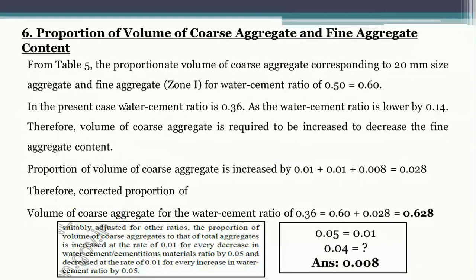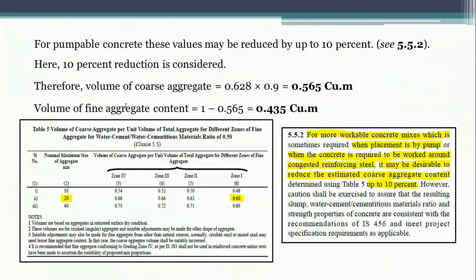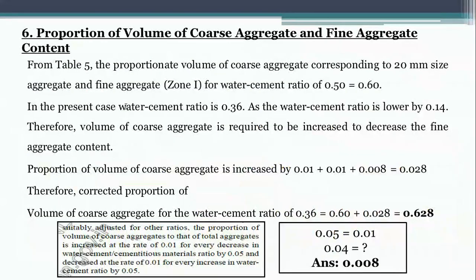Next is the sixth step, the proportion of volume of coarse aggregate and fine aggregate. In the procedure I have already told, this is table 5 which I have put up here. Table 5 is for the water cement ratio of 0.5, it is given in the title of table 5.